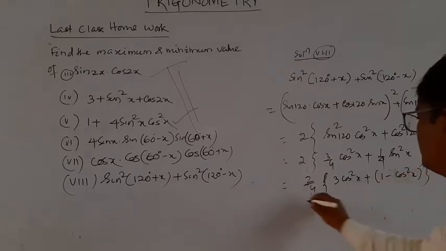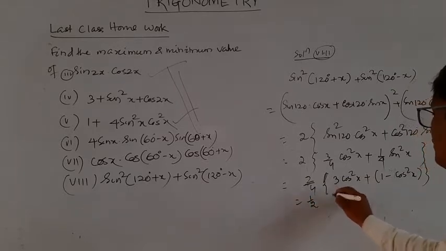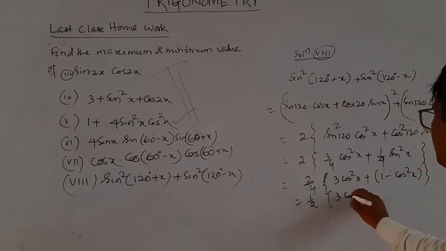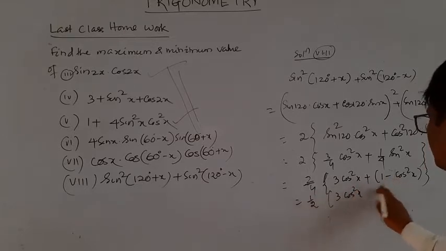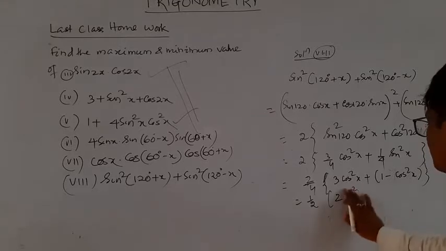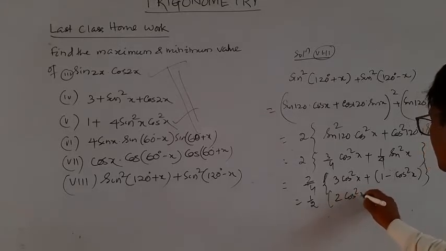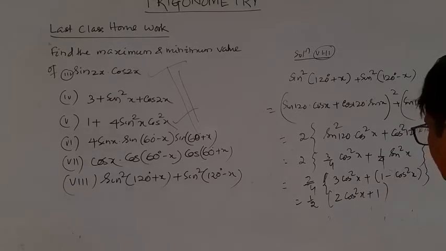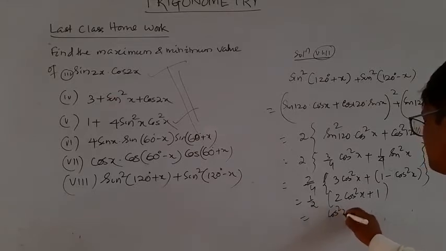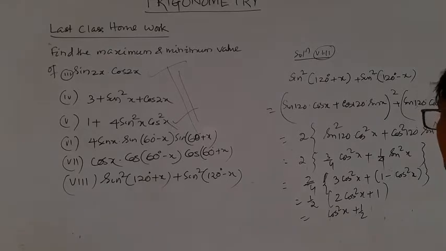This is equal to 1 by 2 [3 cos square x plus 1 minus cos square x], that is 2 cos square x plus 1. Okay, so this is equal to cos square x plus 1 by 2. So minimum is 1 by 2.